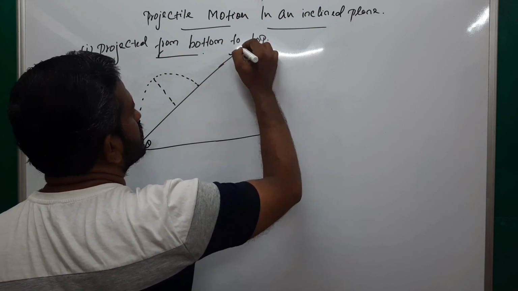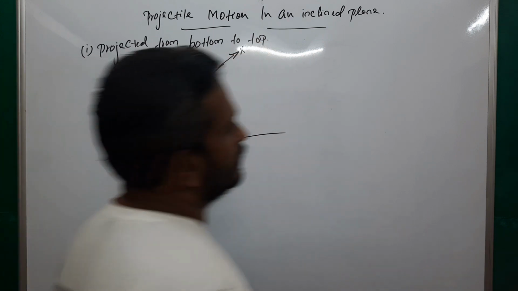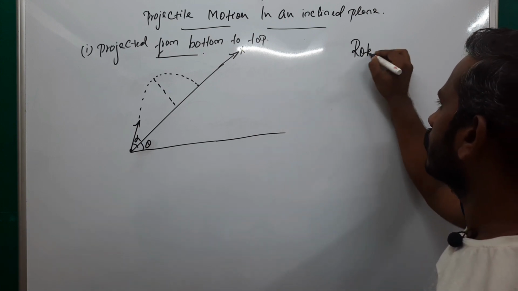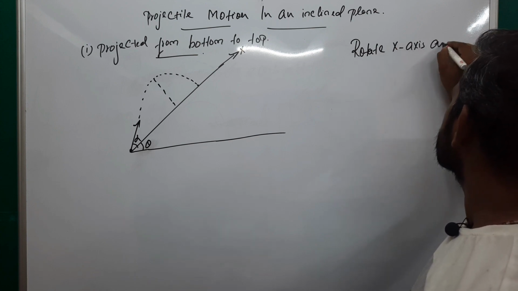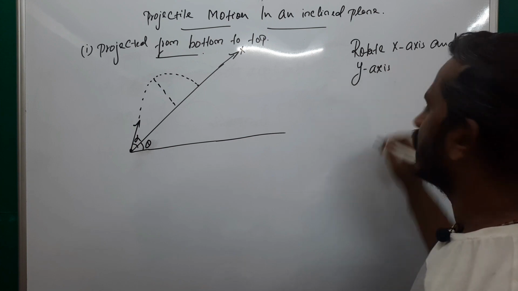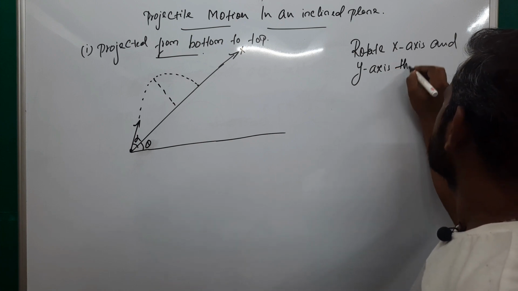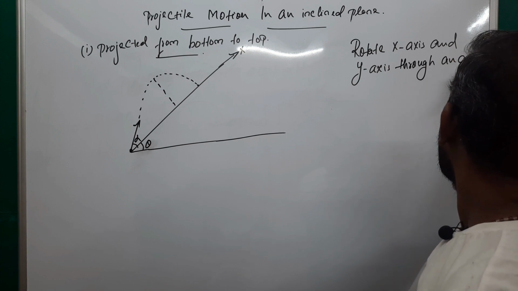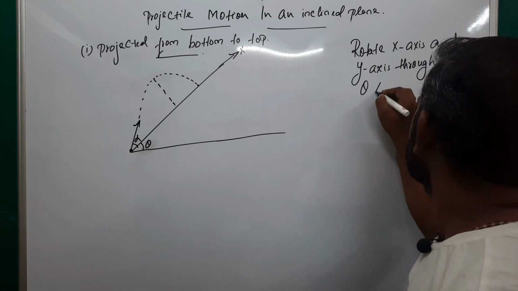So the x-axis is along the inclined plane. We can rotate the x-axis and y-axis through an angle theta anti-clockwise.